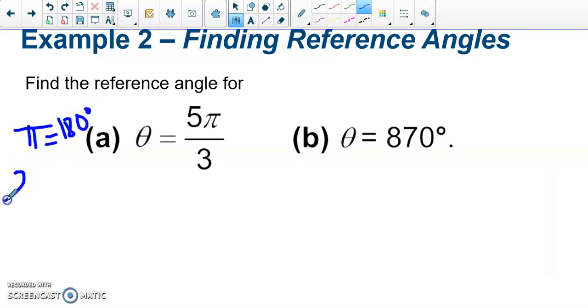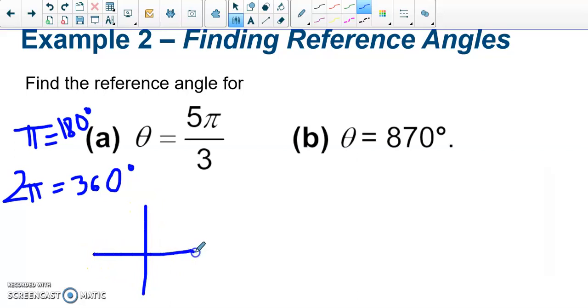How do we draw 5 pi over 3? So it's almost a full circle. It's not entirely. The only thing that's missing to complete it to a full circle, 2 pi, which would be 6 pi over 3, is pi over 3. So how do you usually find it when you have an angle in terms of pi or in radians?